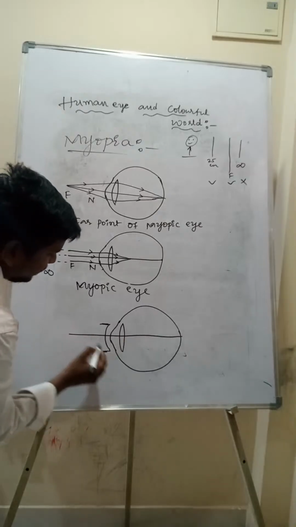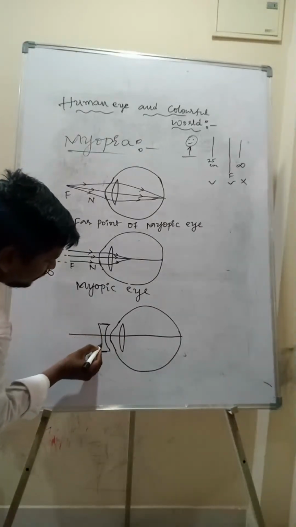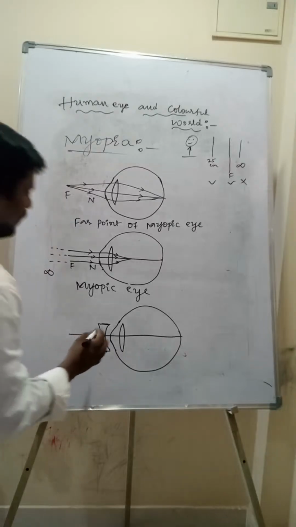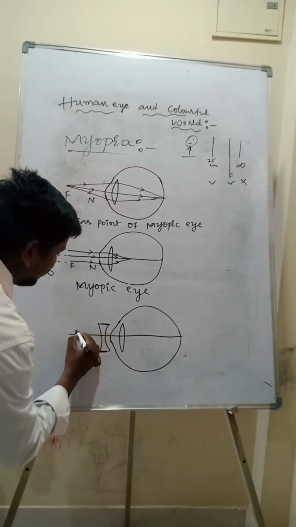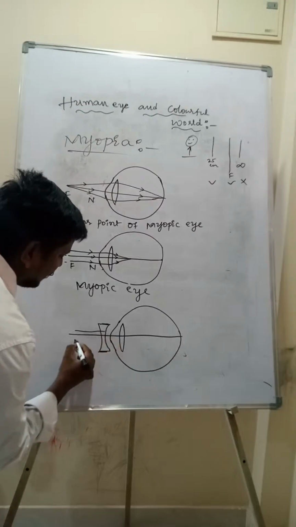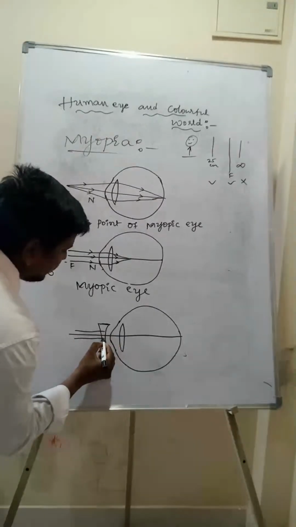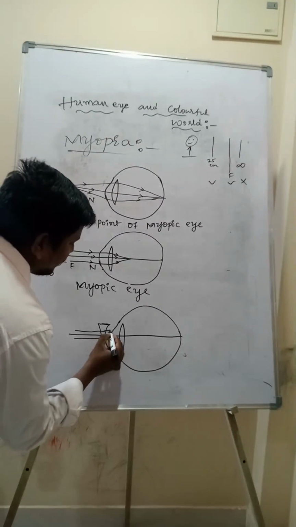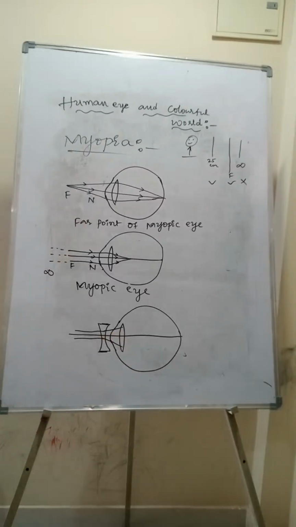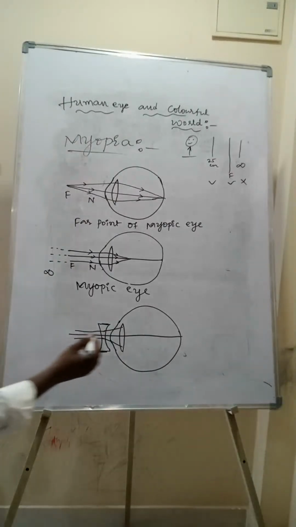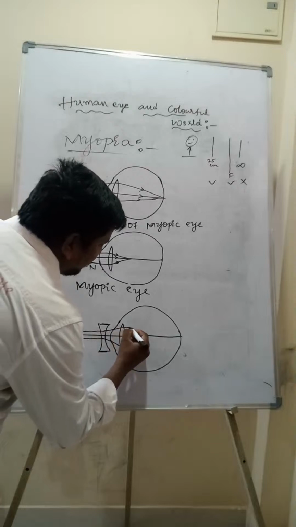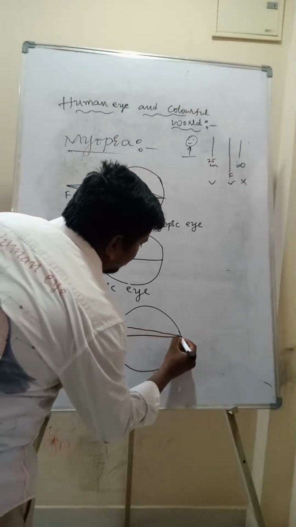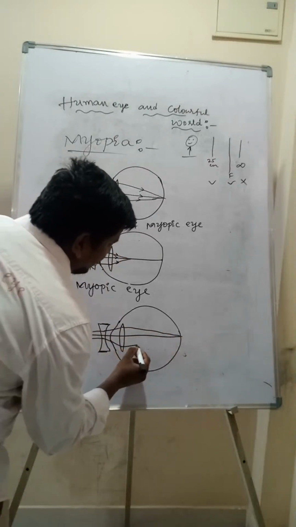So I am taking the concave lens here. The light rays are diverged by it, and after that they will meet at the retina, like here and here also.